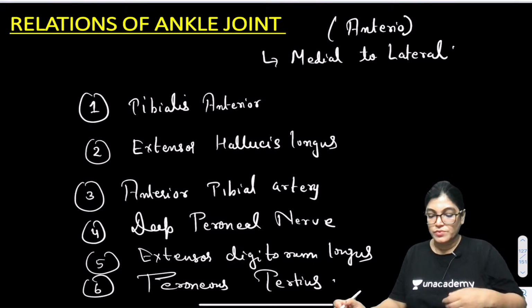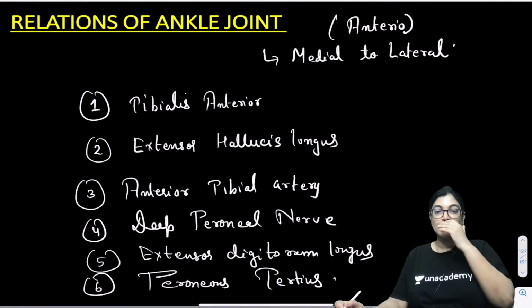So these are the list of structures related to the anterior aspect of the ankle joint.